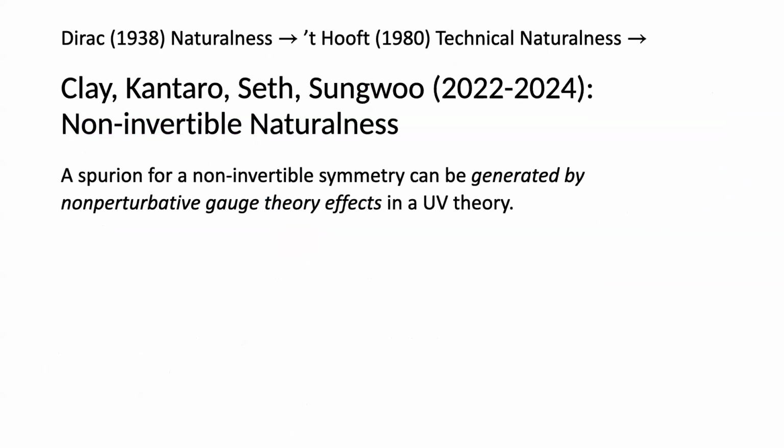That is a bit of a grandiose slide, but indeed, this is some concrete new information about the naturalness strategy that we are gaining here. We learned that if you find in your infrared theory a spurion for a non-invertible symmetry, then you learn that that operator can be generated by non-perturbative gauge theory effects in an ultraviolet theory.